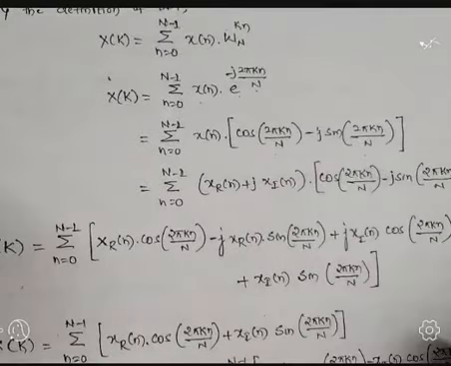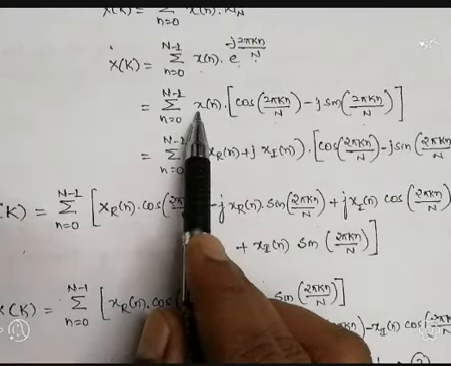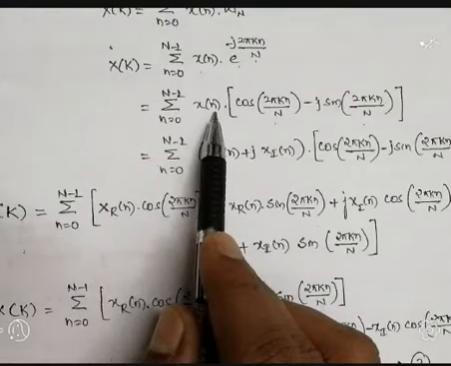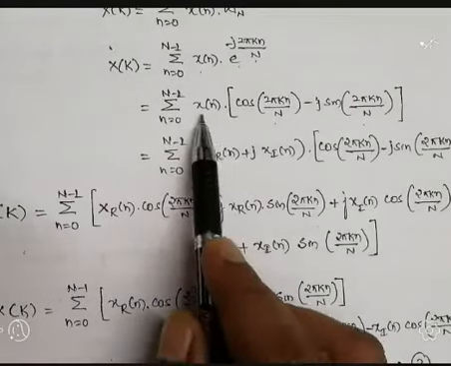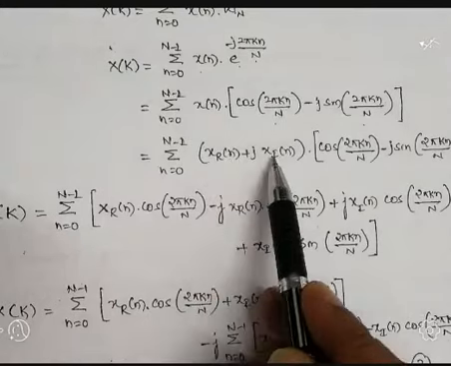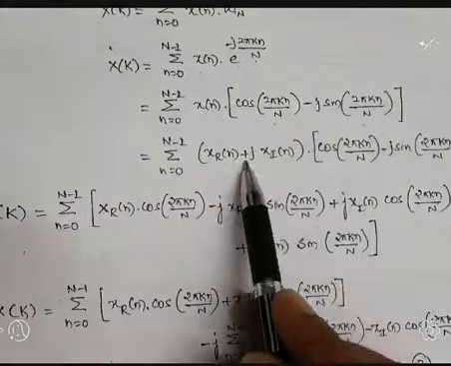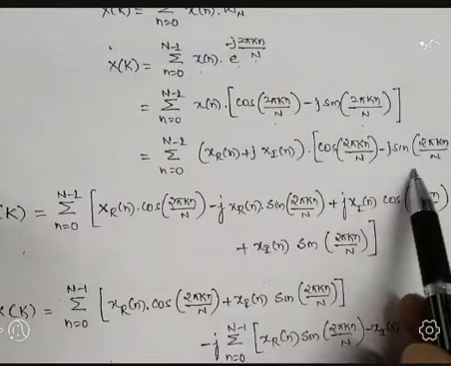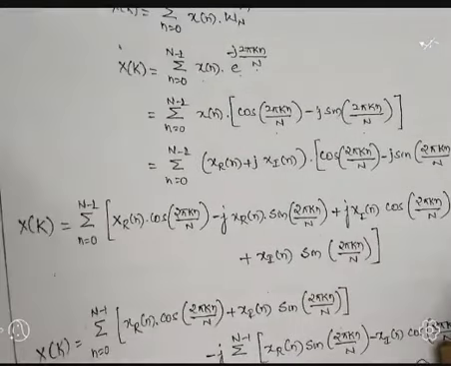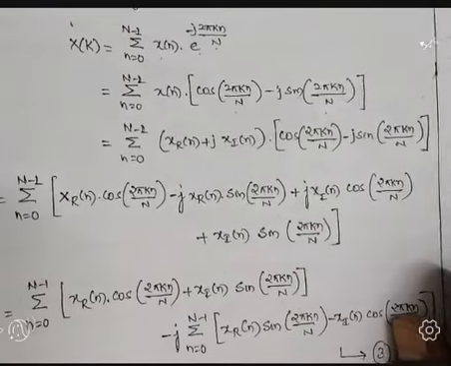Now, as I told, we assume x of n is a complex valued sequence, hence it is replaced by x R of n plus j x I of n, multiplied with this term. Now how to do the simplification?